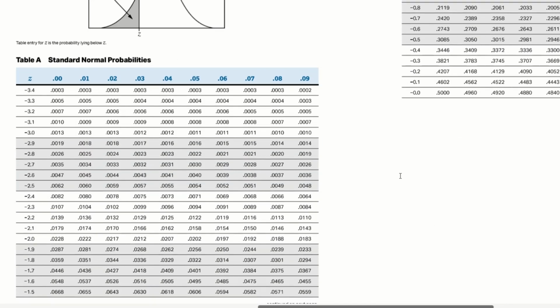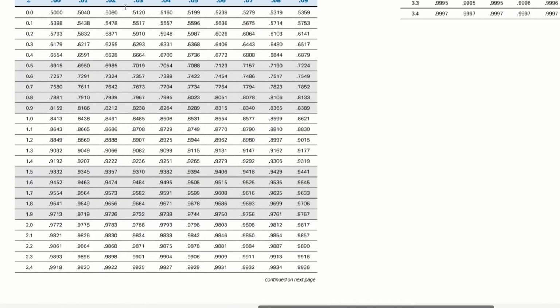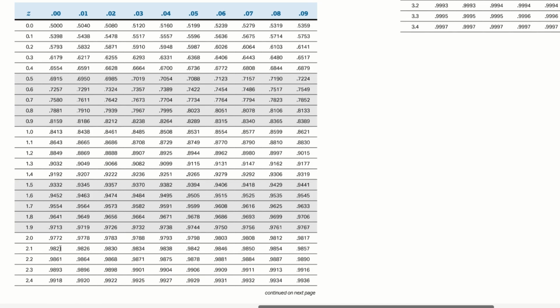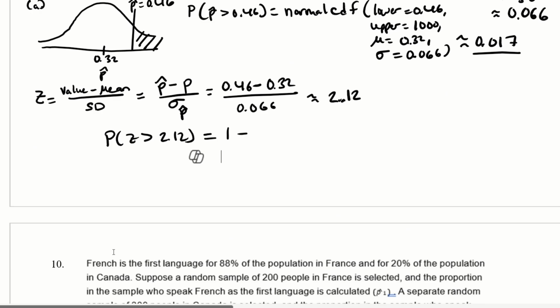You got 2.12, which is 0.9830. If I subtract that from 1, I get 0.0170, which is exactly what we got there. So I just wanted to show you a couple ways to do that.